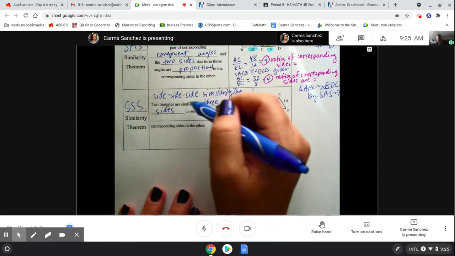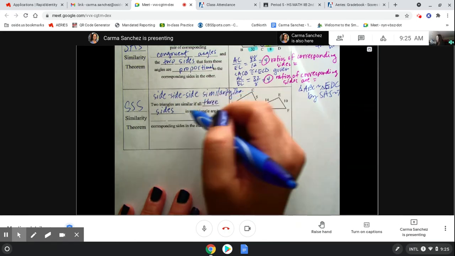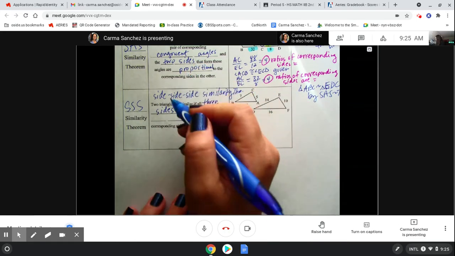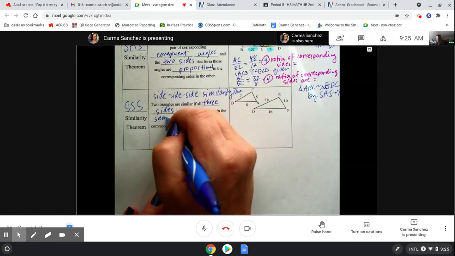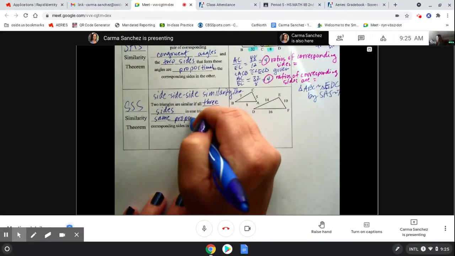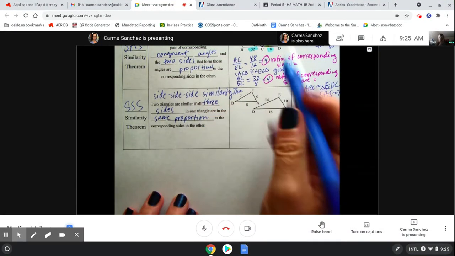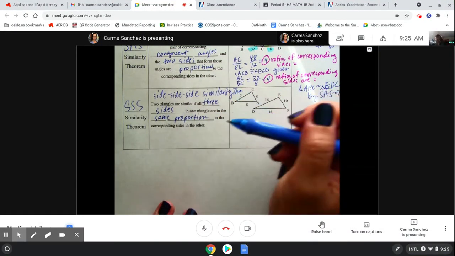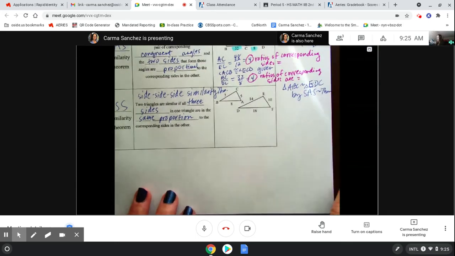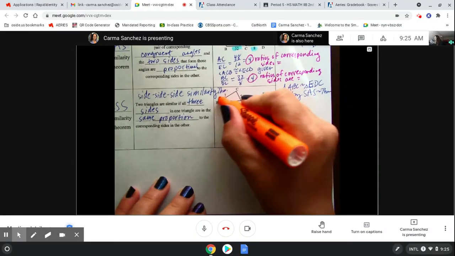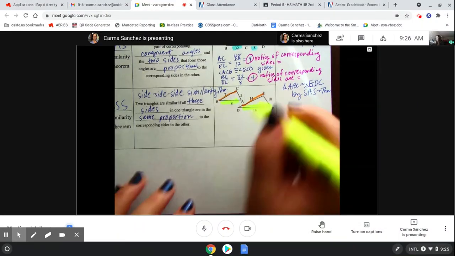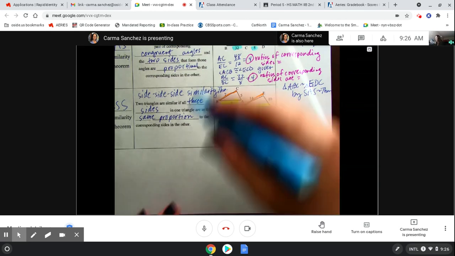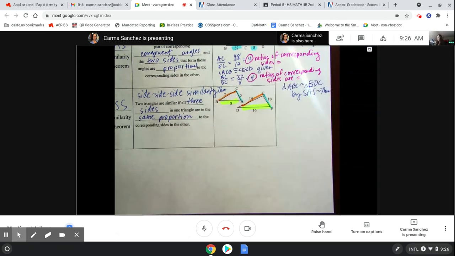Two triangles are similar if all 3 sides in one triangle are in the same proportion, or are proportional to each other. So let's go see how this proof would look. Notice that this is the corresponding side to here. Notice that this is the corresponding side to here. And this is the corresponding side to here.